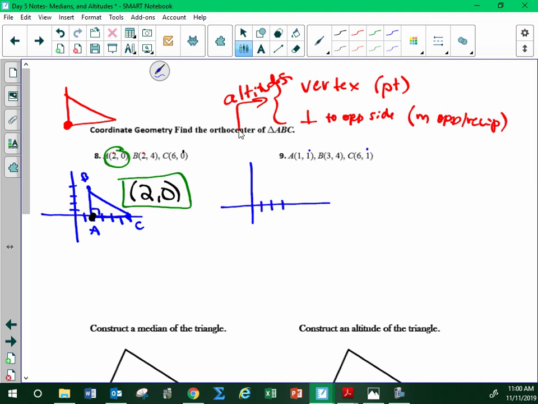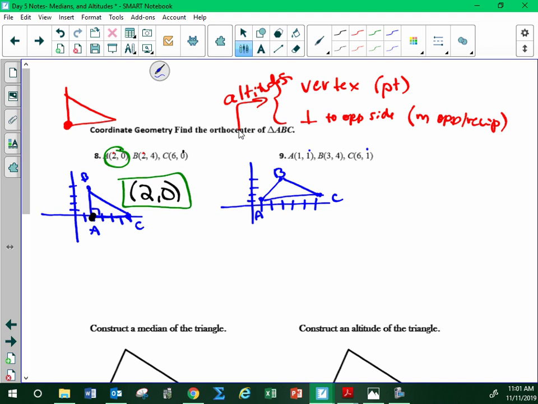1, 2, 3, 4, 5, 6. Okay, so I have A at 1, 1. B is 3, 4. And C, 6, 4. Even though it's not a right triangle, at least I've got a horizontal side.